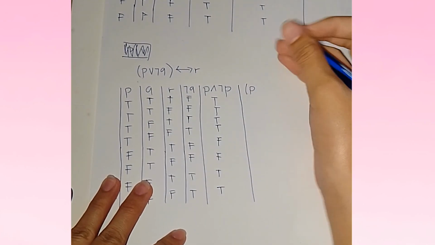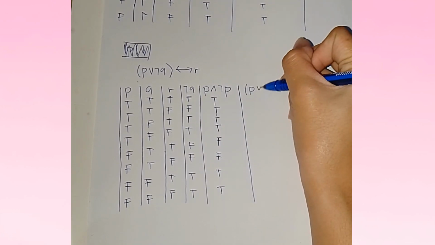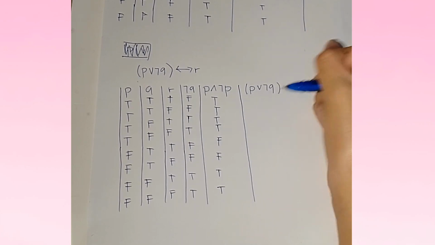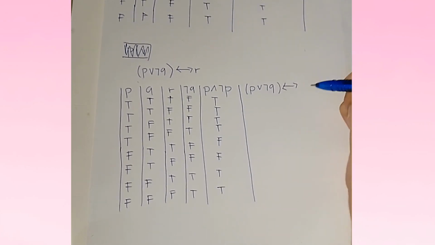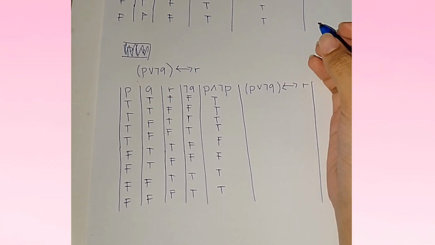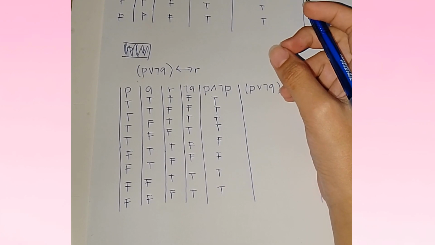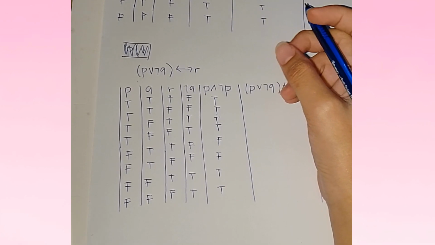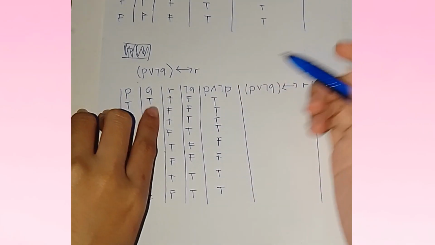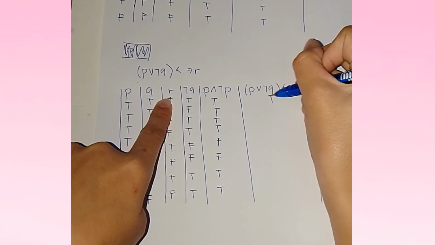So in the last column, we will put P or not Q if and only if R. Here, we must check if there is a double true or double false in R and P or not Q. So this is both true, which means it's true.